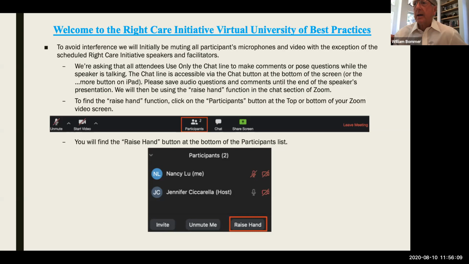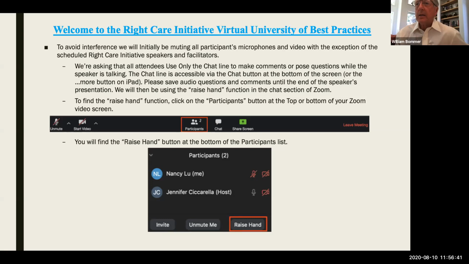So use that, and during the Q&A session, we will try to summarize some of the chat comments that have come in. In addition, during the question and answer facilitator area, you can also select the raise hand, and the raise hand function will identify you as having a particular question.